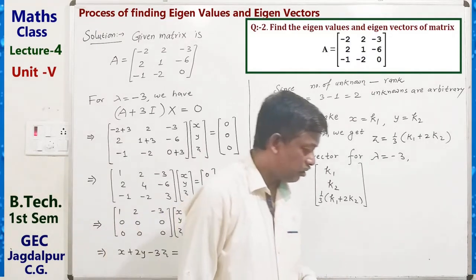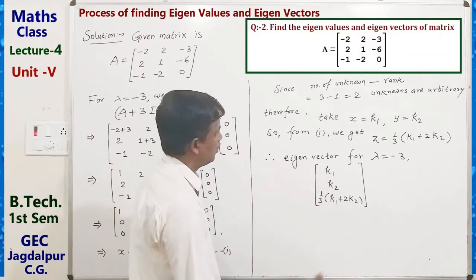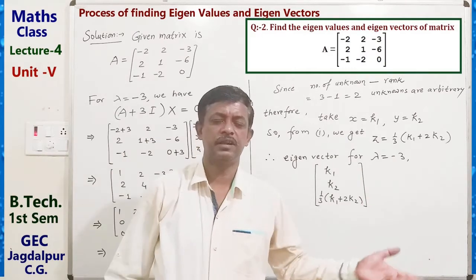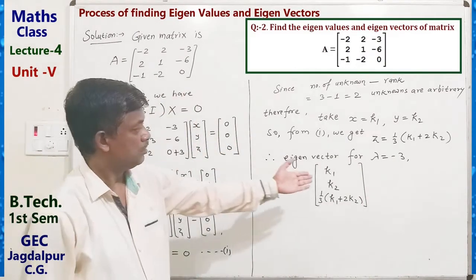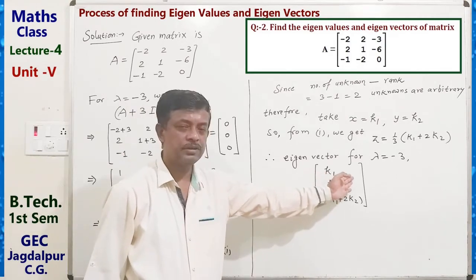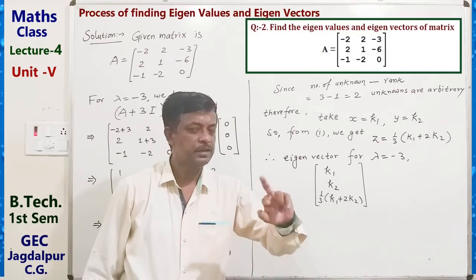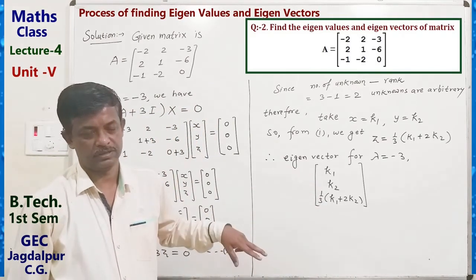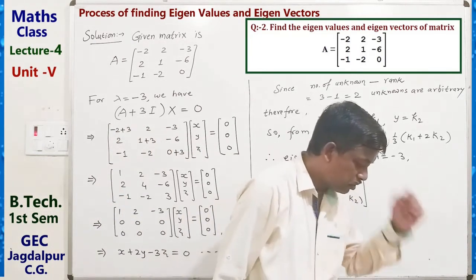Since our matrix is a non-symmetric matrix, that means we can get linearly independent eigenvectors corresponding to equal roots.